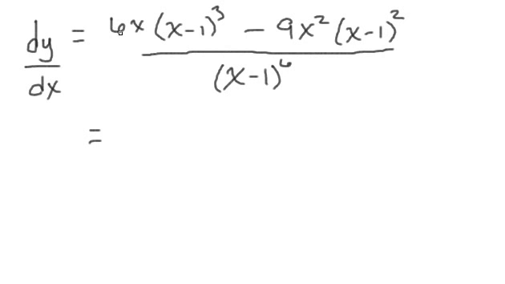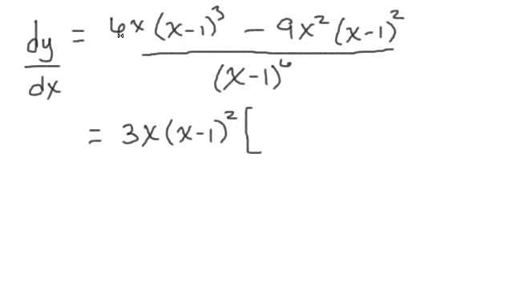We have a 3, the largest number that goes into both 6 and 9, so I'm going to pull out a 3. I'm pulling out an x, and also an x minus 1. We always look at the one with the smallest exponent, so we can pull out an (x minus 1) squared out of there.